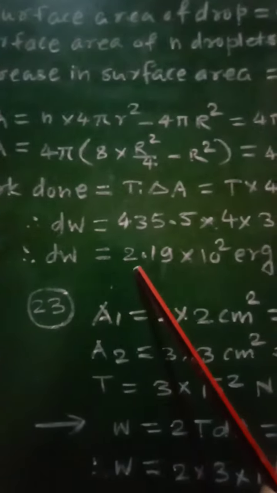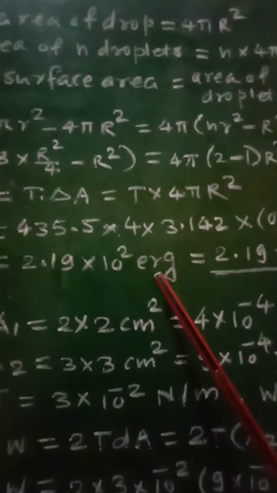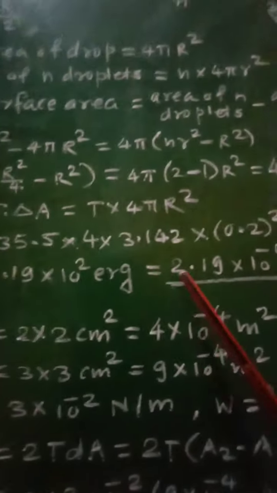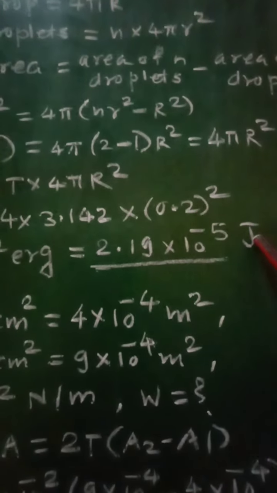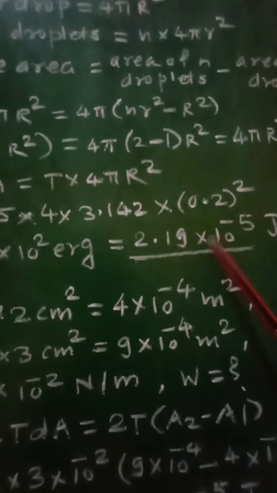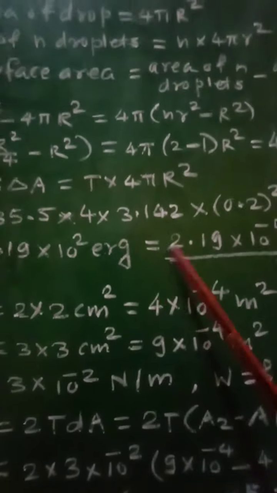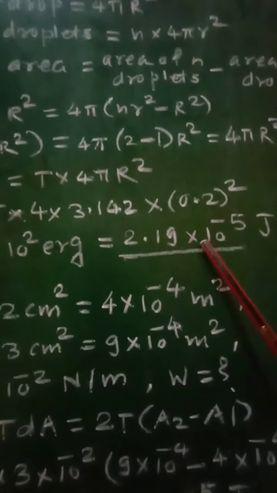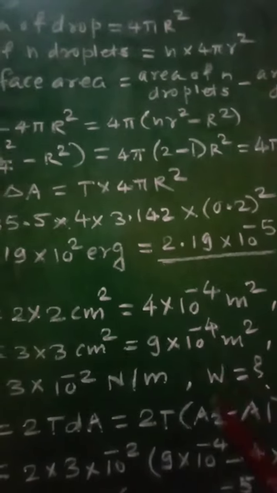Therefore dW equal to 2.19 into 10 raised to 2 erg, or 2.19 into 10 raised to minus 5 joule. To convert erg to joule, it is multiplied by 10 raised to minus 7, and therefore we will get 2.19 into 10 raised to minus 5 joule. That will be the work done.